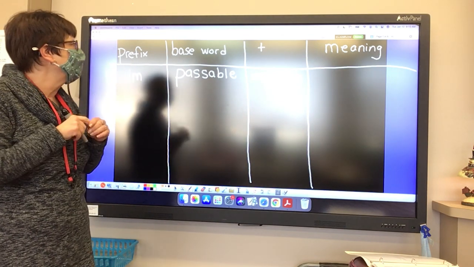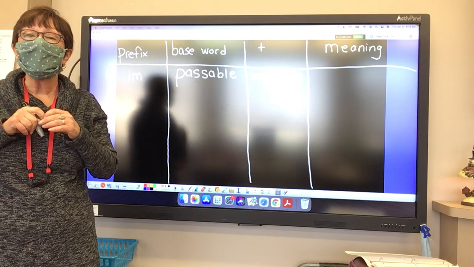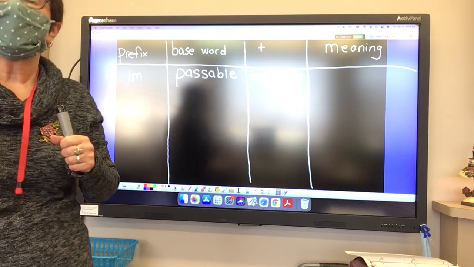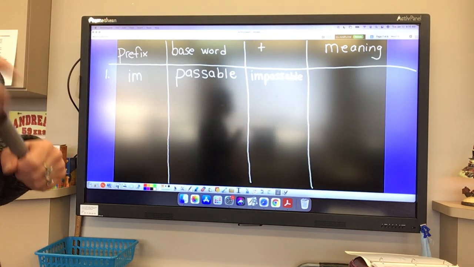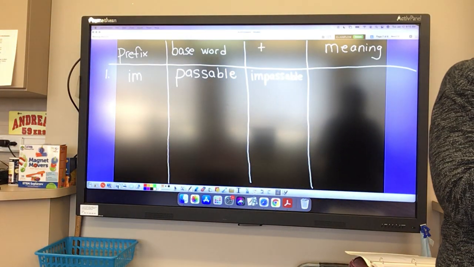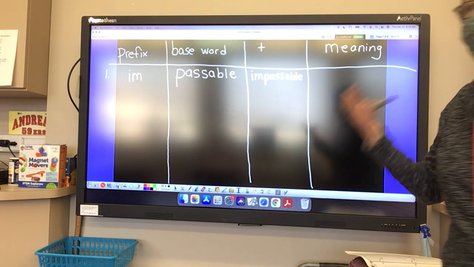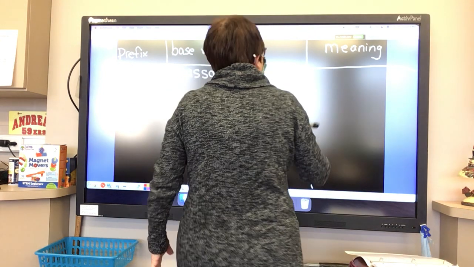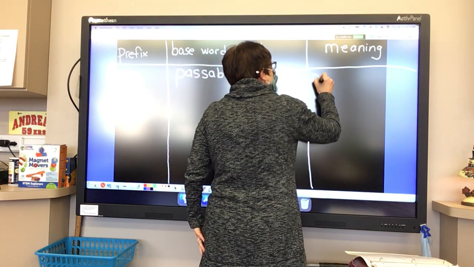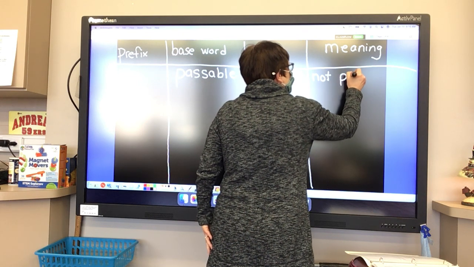Im plus passable is impassable. And what do we think the meaning of impassable is? Elisa? Not passable. You can't pass. So we're going to say not passable. You can't pass.